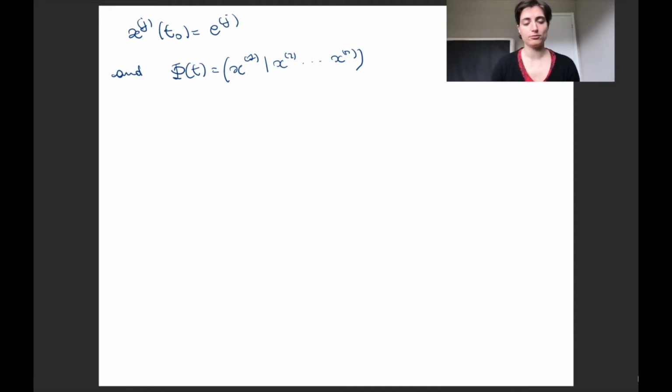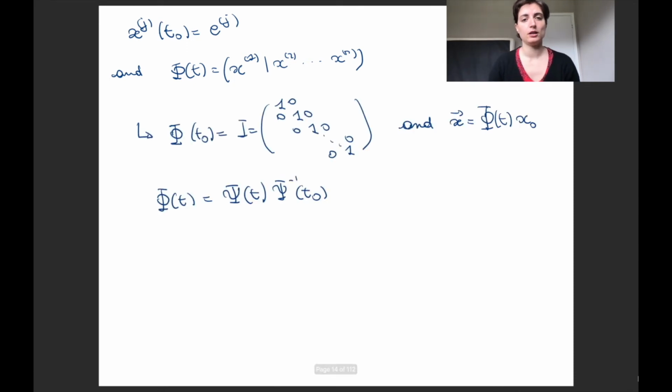What is the key difference between the two elements? Well, this new matrix that we have introduced is one fundamental matrix. It's a specific one that at time t0 corresponds to the identity. Because at time t0 we are putting one after the other our initial conditions, and our initial conditions form the identity.